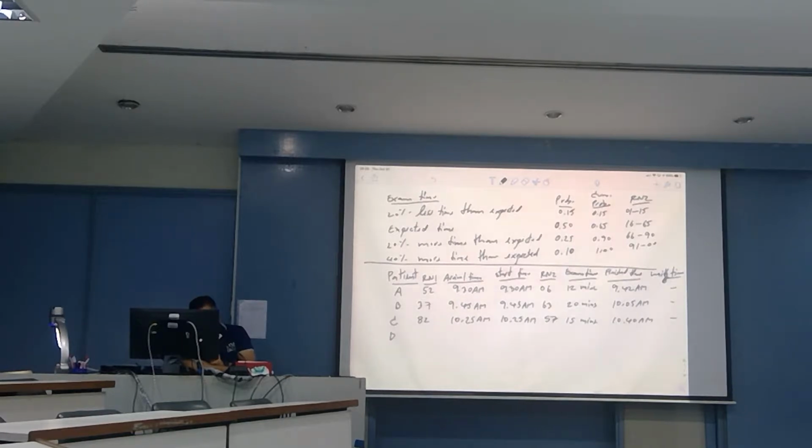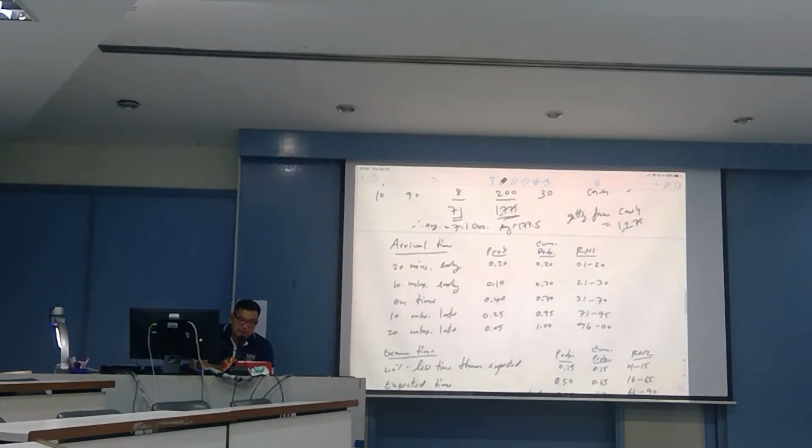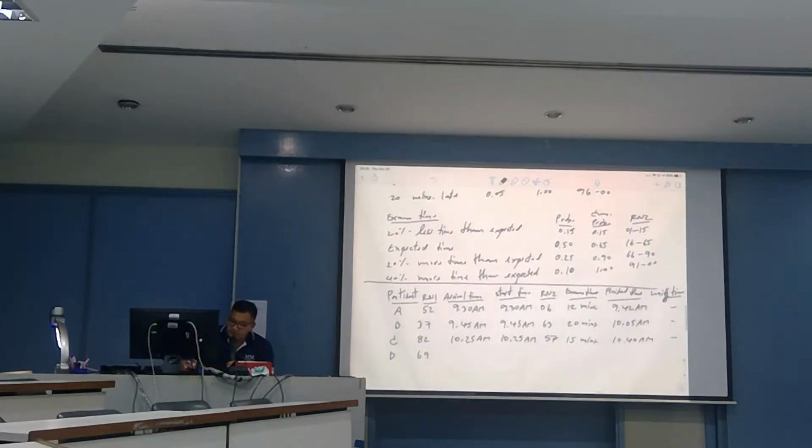The next one is Danone. Danone's number is 69. 69 is in the range of 31 to 70, so it's on time. So Danone arrives right at 10:30. Here's the thing: Danone arrived at 10:30, but the doctor finished with Comfort at 10:40, right?